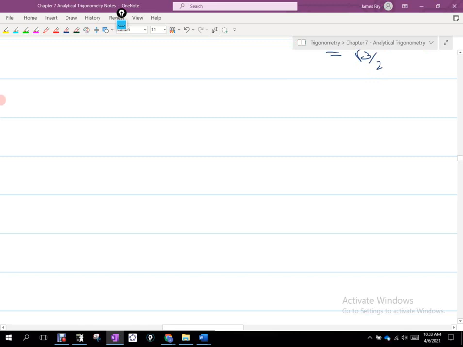Let's do this one. Let's go cosine of 2. My alphas sometimes look like 2s, so let's use 2 beta. Doesn't matter what variable you want to use, x, doesn't matter. Is that the same thing as cosine of beta plus beta?